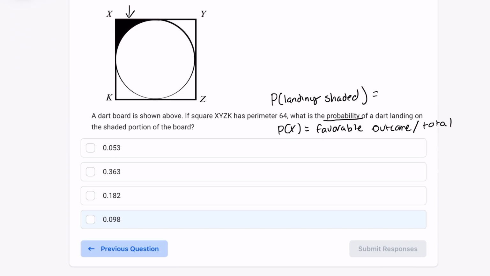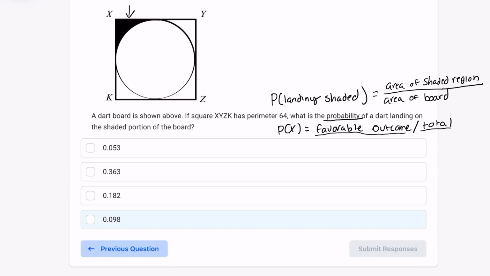In this case, our total would be the area of the board, which is really just a square, and the area of the favorable outcome would be the area of the shaded region. So we need to find two things: the area of the board, which is just a square, and the area of the shaded region.